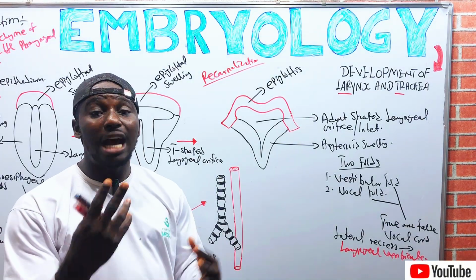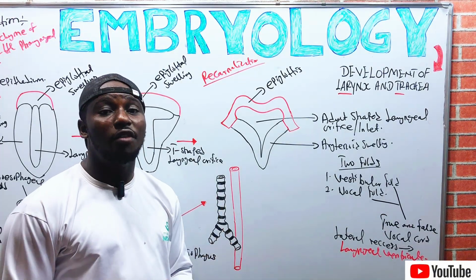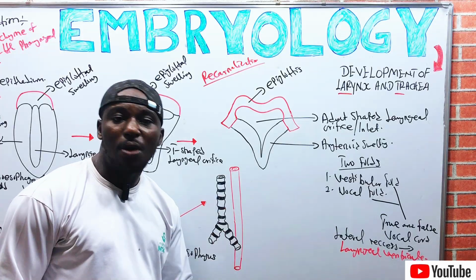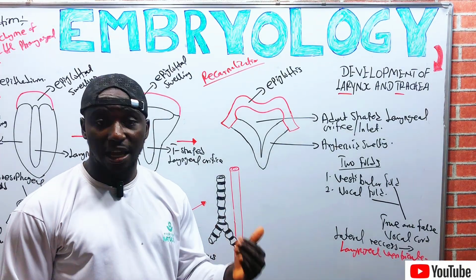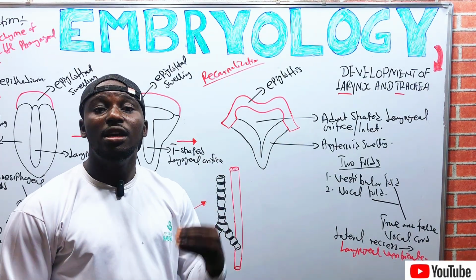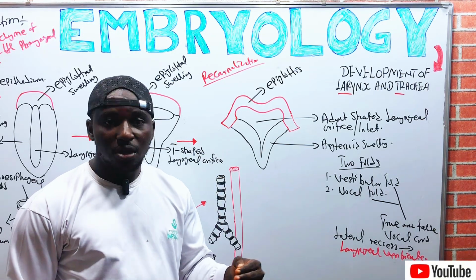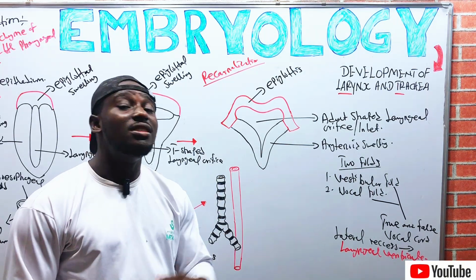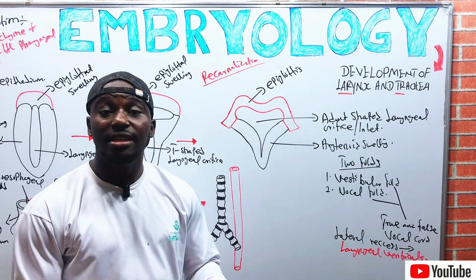So those are the two nerves that innervate the muscles of the larynx. The superior laryngeal nerve is derived from the nerve of the fourth arch, whereas the recurrent laryngeal nerve is derived from the nerve of the sixth arch.